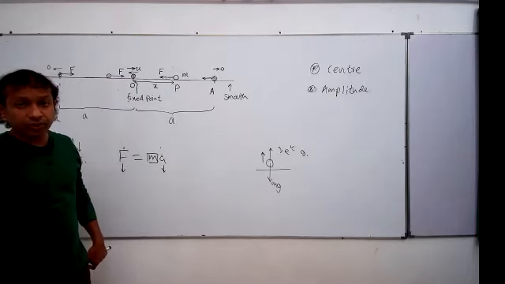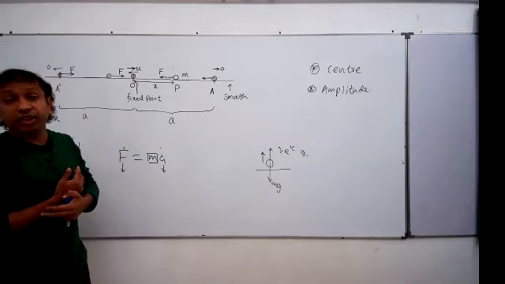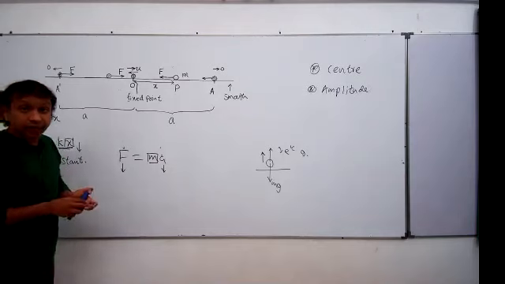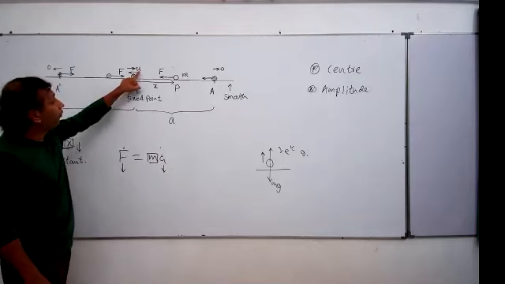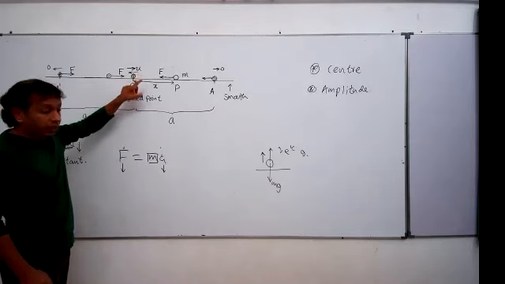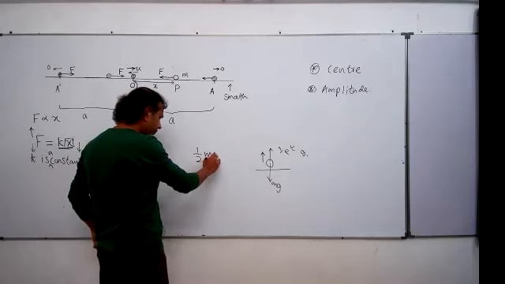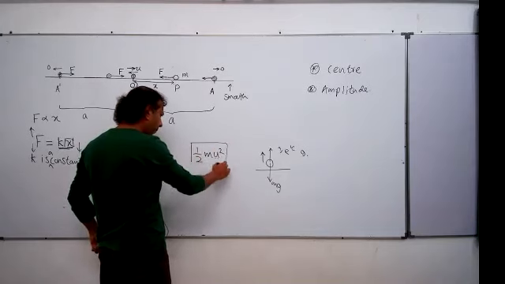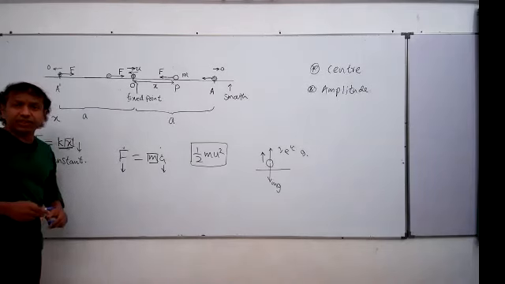Throughout the motion, the initial energy the particle had remains. What is the initial energy the particle had? Initially, the particle is projected from the point O with velocity u, no? Then the particle had kinetic energy, half mu square. This is the energy the particle has.